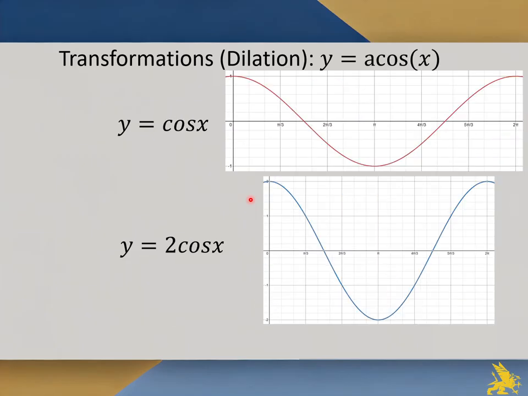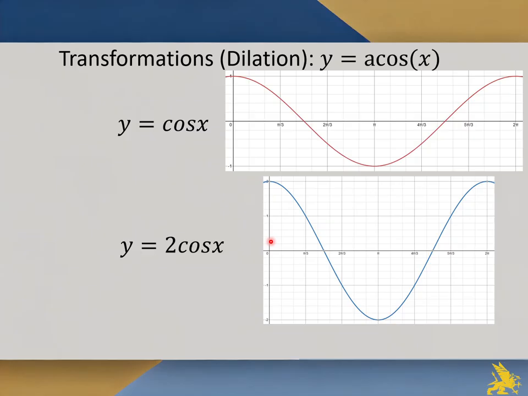The same thing applies with cosine. With cosine, that dilation factor of 2 is stretching away from the x-axis, which means instead of having -1, we have -2. We've multiplied it by 2. Another thing I want us to think about is this 2 at the front. Yes, it's stretching away from the axis, and we call that our dilation, but we also call it our amplitude.